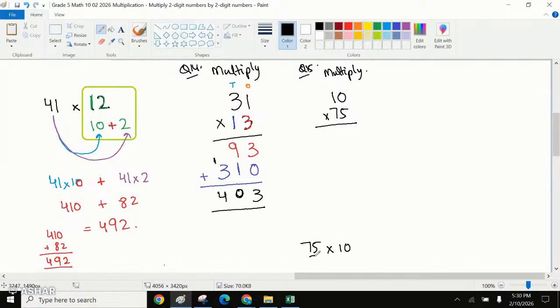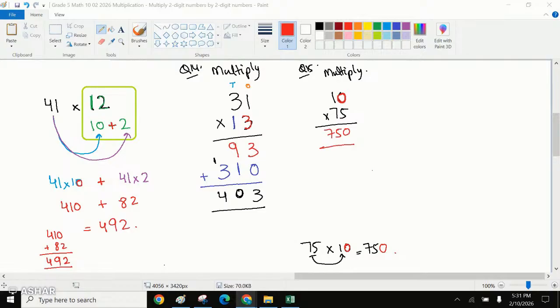Same. We have 75 multiplied by 1 is 75. And we had 1 0. So you will simply put 1 0 over here. You don't have to do the long working. You can simply say it's 750, right? Because we had a number ending with a 0. Do we agree? Yes, very easy, right?